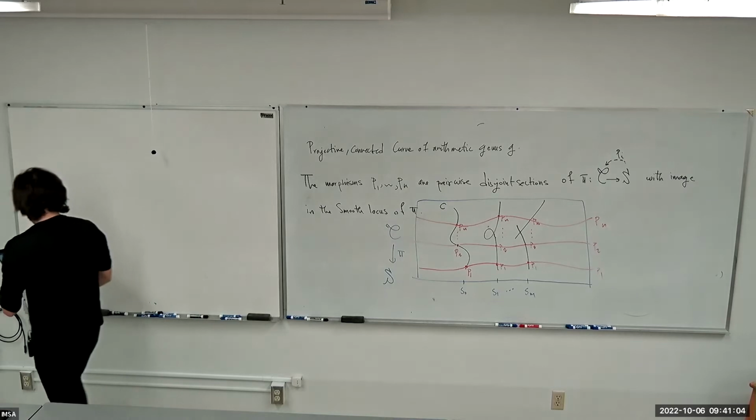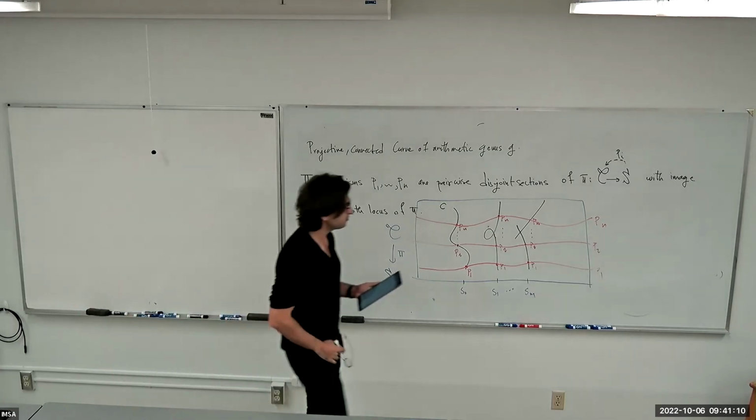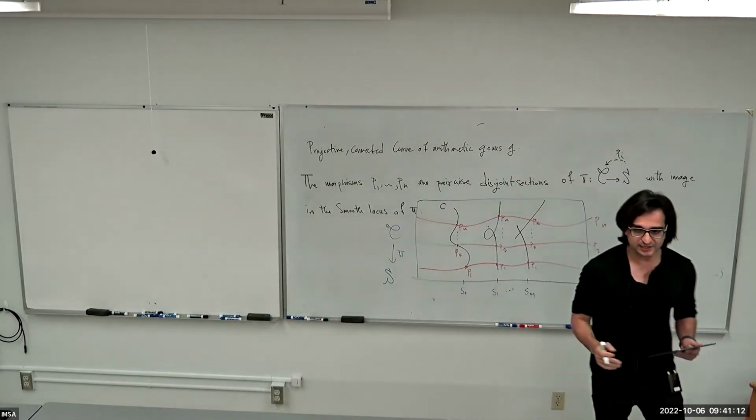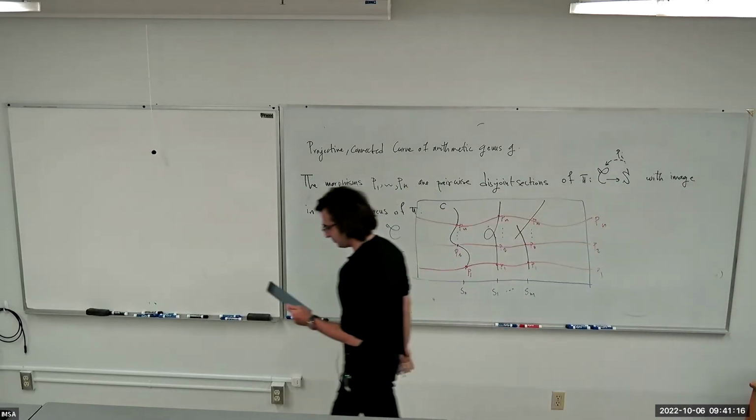Okay. So now I have families. I have defined a notion of families, but I would like to identify families with each other. Can I identify?